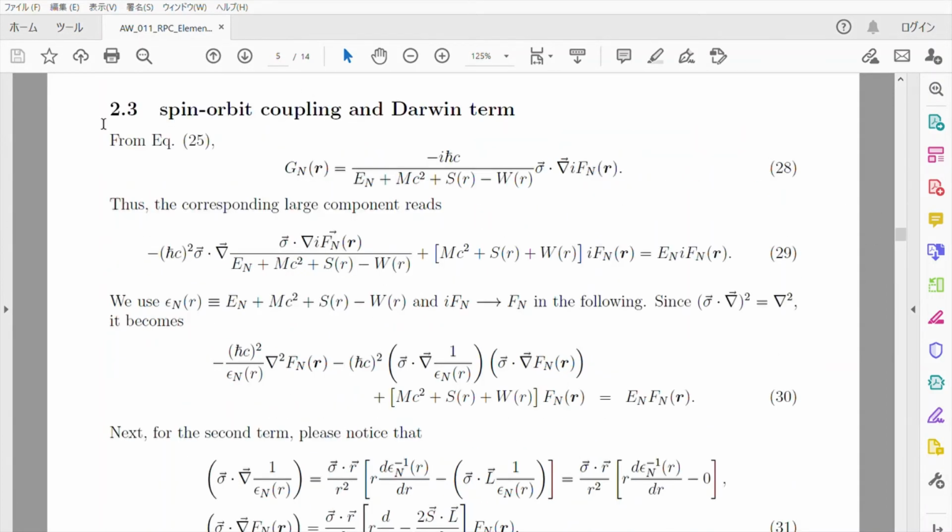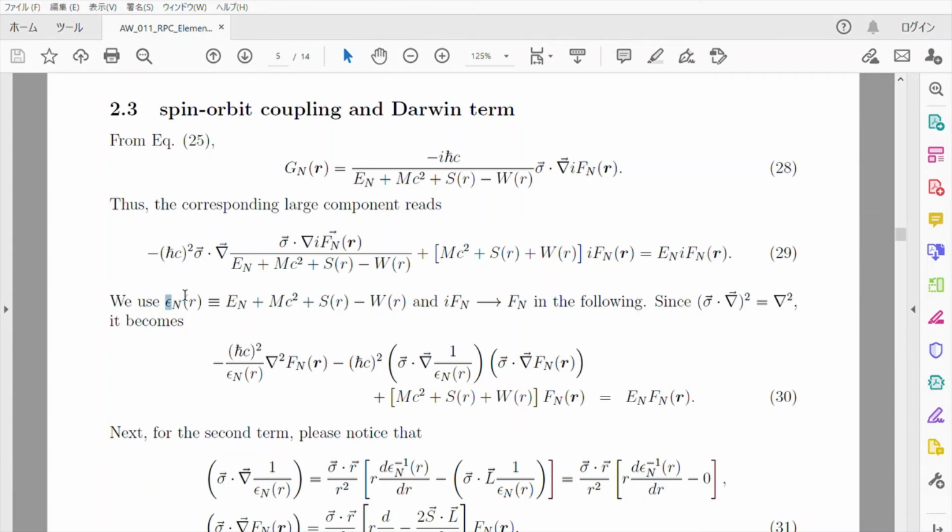Now, from the two equations for Gn and Fn, let me eliminate Gn. Then the corresponding large component equation reads as equation 29 here. It looks a little bit complicated, but anyway, this is now the equation only for Fn.